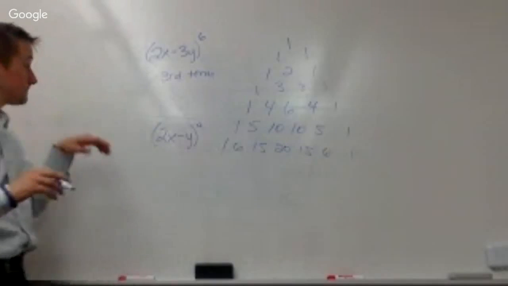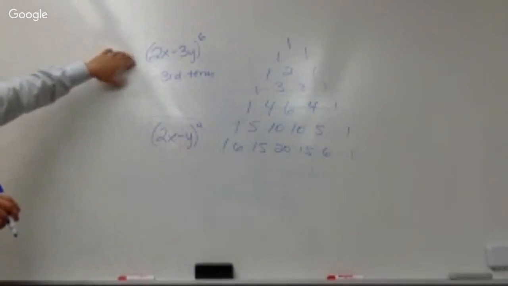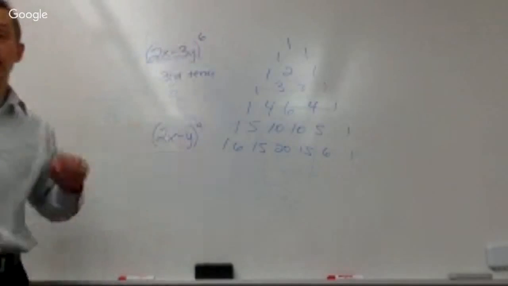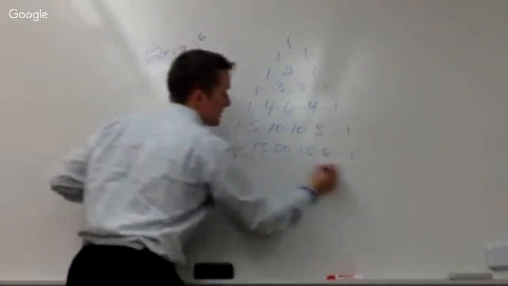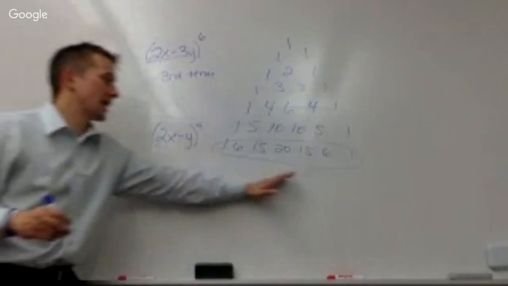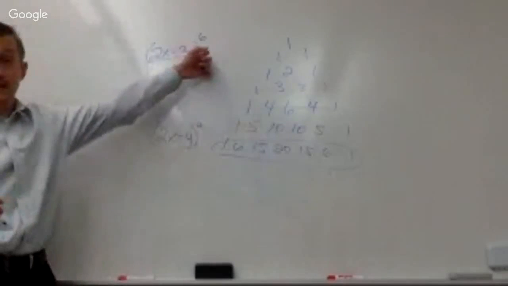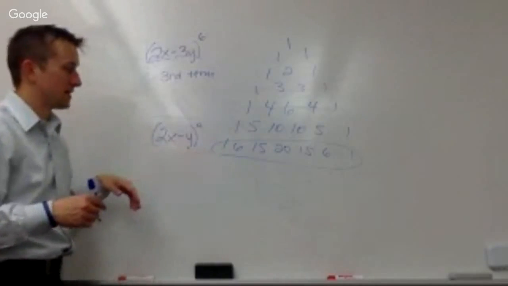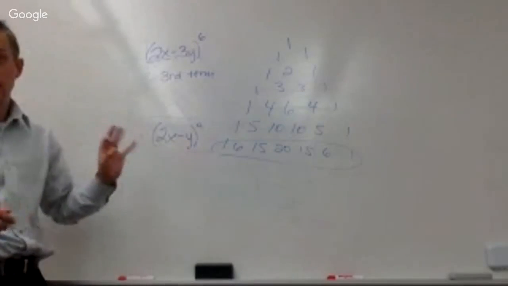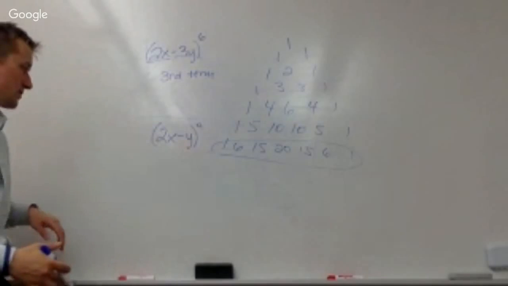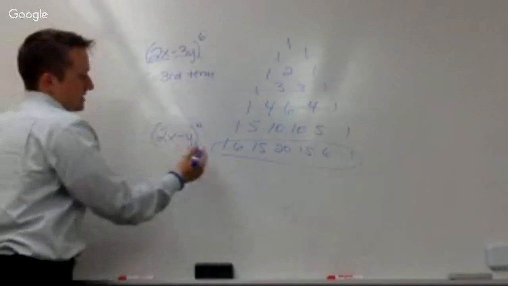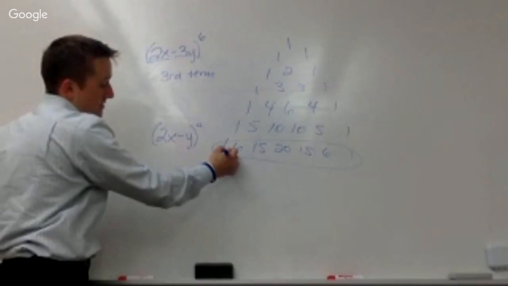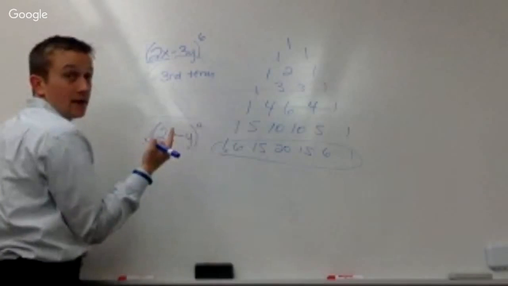As I look at this, I'm not looking at 2x and 3y yet. All I'm going to do is look at this row, because that has 7 terms, since it's 1 greater than the power we have. Now, as I rewrite this, the variables are very important. In fact, I'd use a lot of paper for this one. We're going to have 2 variables, x and y.